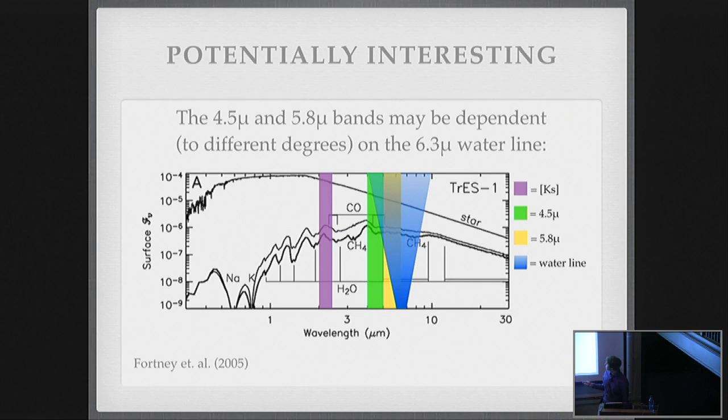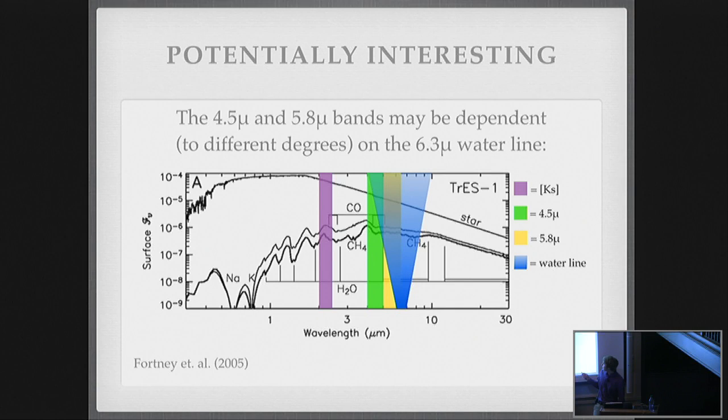The 6.3 micron water line, it's a very deep absorption band caused by water. And I believe that the 4.5 micron band is affected by the water in a given planet. And if you increase the metallicity in the planet, that's going to mean there's more water in the planet's atmosphere as well. And that would explain why the KS band minus the 4.5 band has a negative correlation.